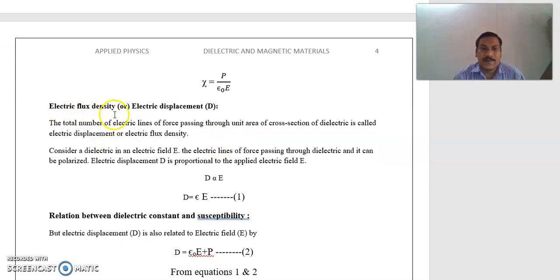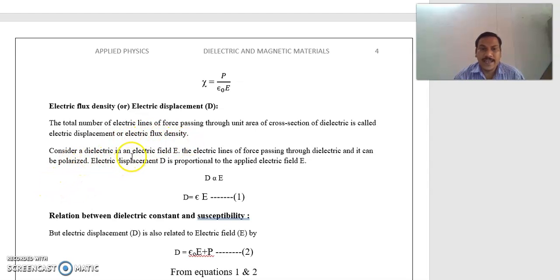Next, electric flux density or electric displacement, denoted by capital D. The total number of electric lines of force passing through a unit area of cross section of a dielectric is called electric displacement, also known as electric flux density.